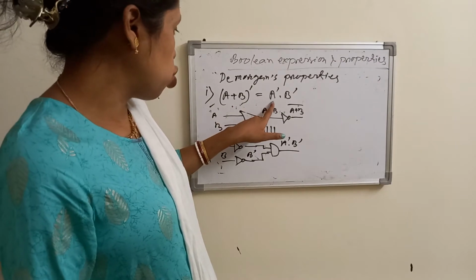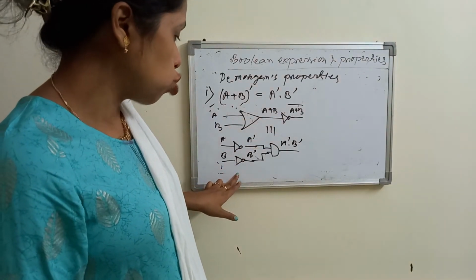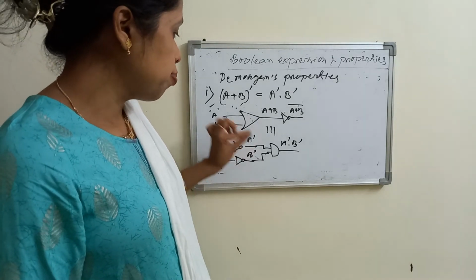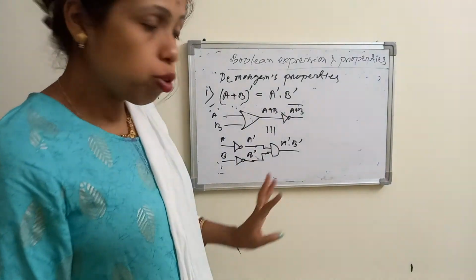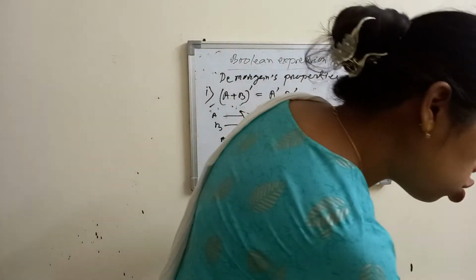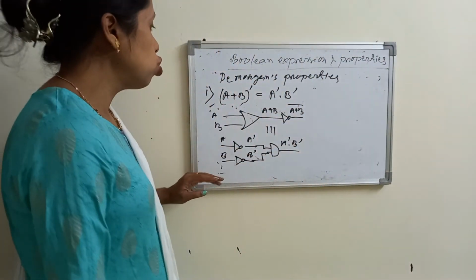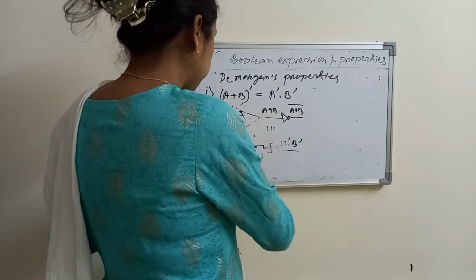So here first I have to complement the individual inputs. I am complementing individual inputs by using two NOT gates, and these two inputs are entering into the AND gate for getting a' dot b'. So this is the logical multiplication of complements of individual inputs, that is equal to the complement of the logical addition of two inputs.